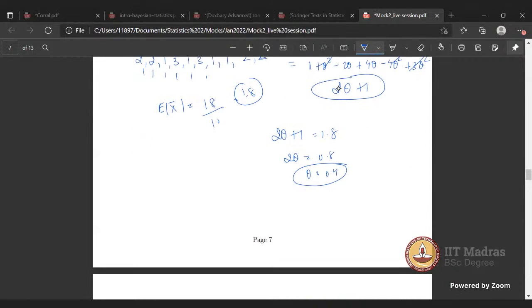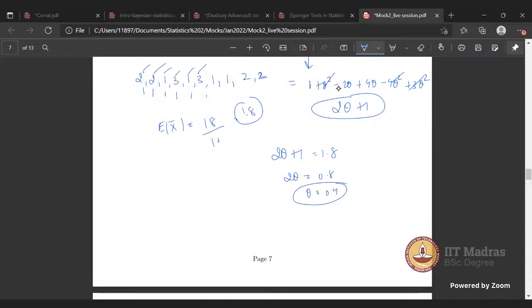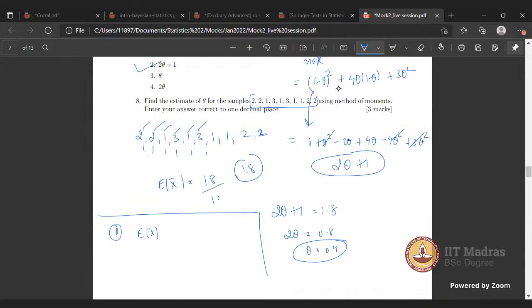Whenever you have to find the estimate of a parameter using the method of moments, the first thing you do is find the first moment, and then you equate it to the sample mean, and you will get your answer.